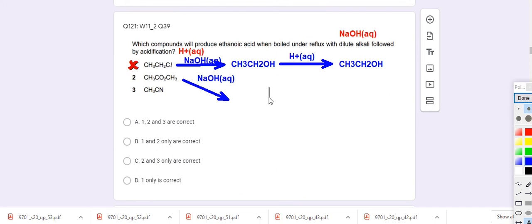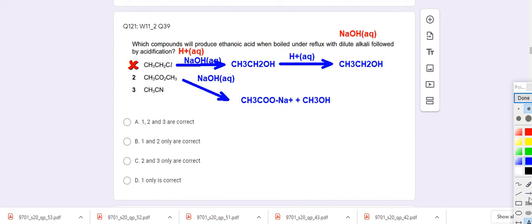The C-O bond will be broken, so we are getting two products here. There's no COOH here because we have sodium hydroxide. So we are getting a carboxylate salt, CH3COO- Na+, and another one which is an alcohol, methanol in this case.